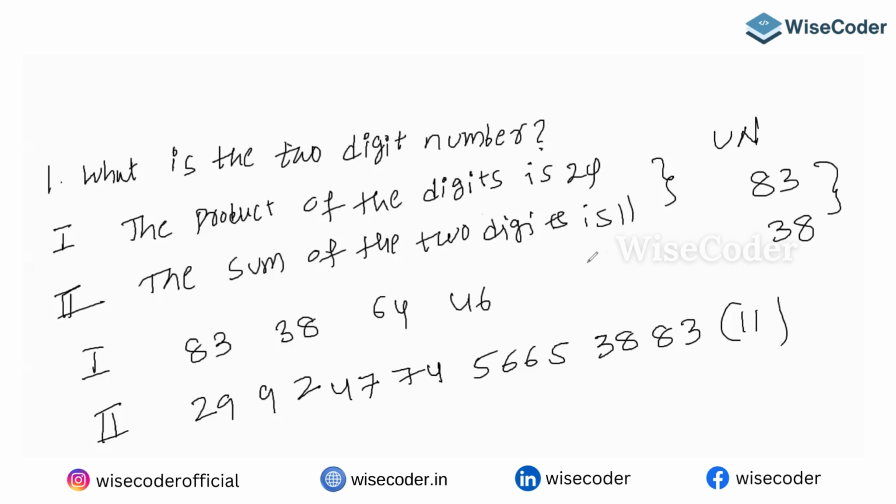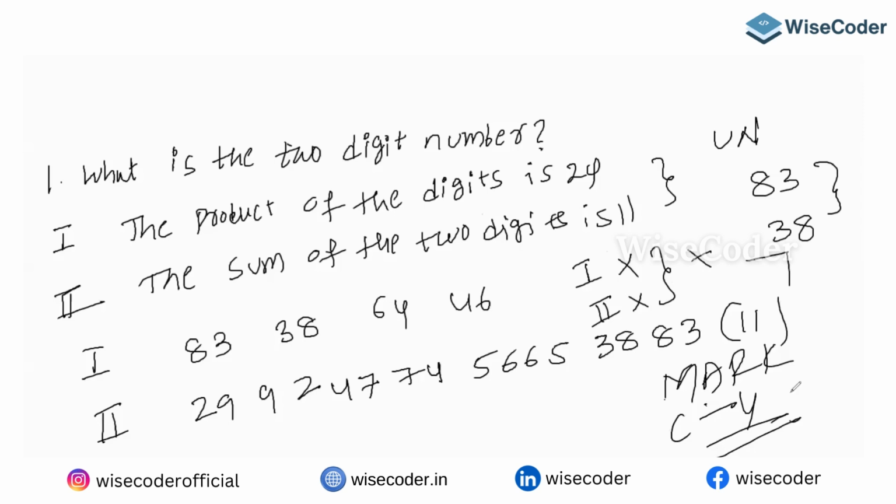According to the flow chart, 1 I verified, I failed; 2 I verified, again I failed; both I verified, again I failed. Then I need to mark choice 4. Is this clear, everybody?